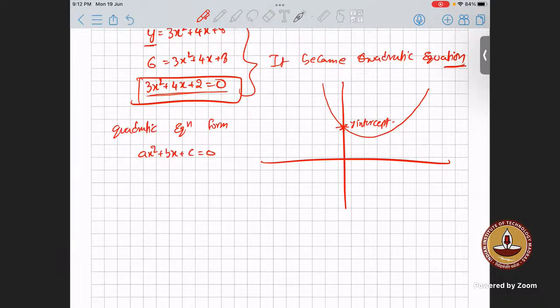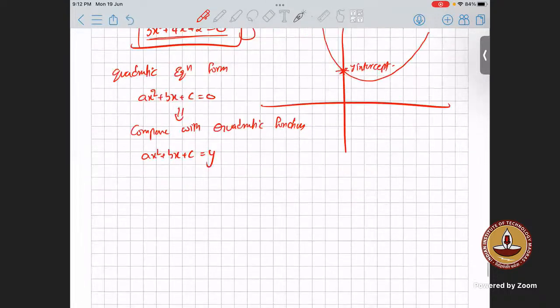Now, look what is happening here. Let us compare with the quadratic function, x square plus bx plus c equal to y. What is the similarity between them? y equal to 0.